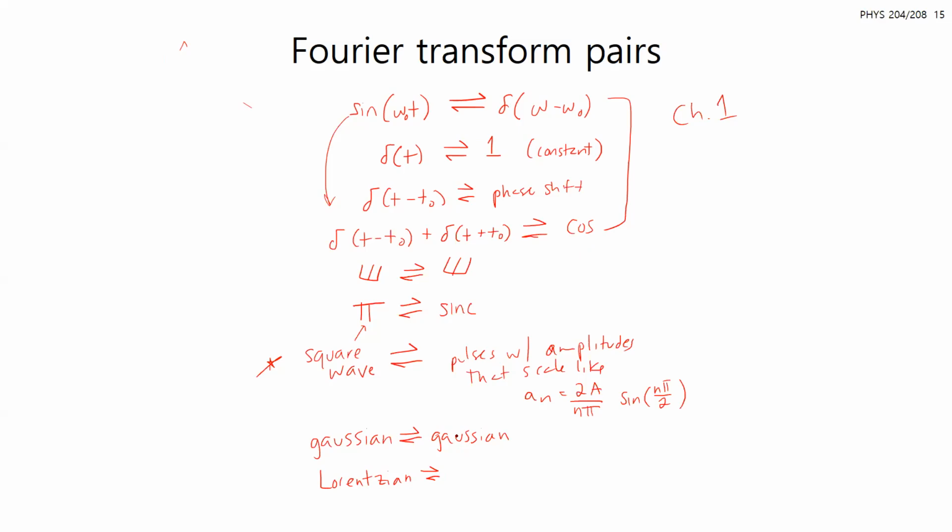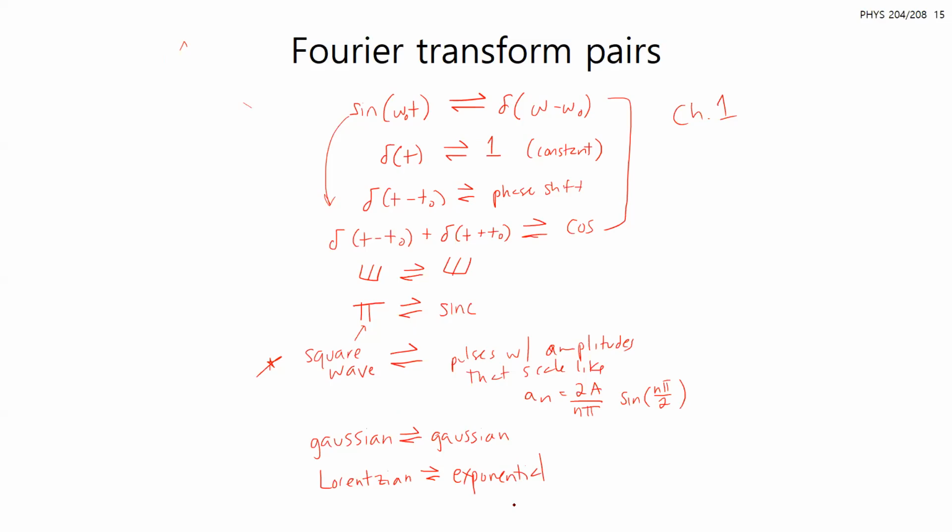Guess, is it another Lorentzian? No. So the Gaussian and the Gaussian are, I guess, identical pairs. But what's the last one that we've talked about? Okay, Dina's got it, exponential. So yeah, I switched it up and talked about that.